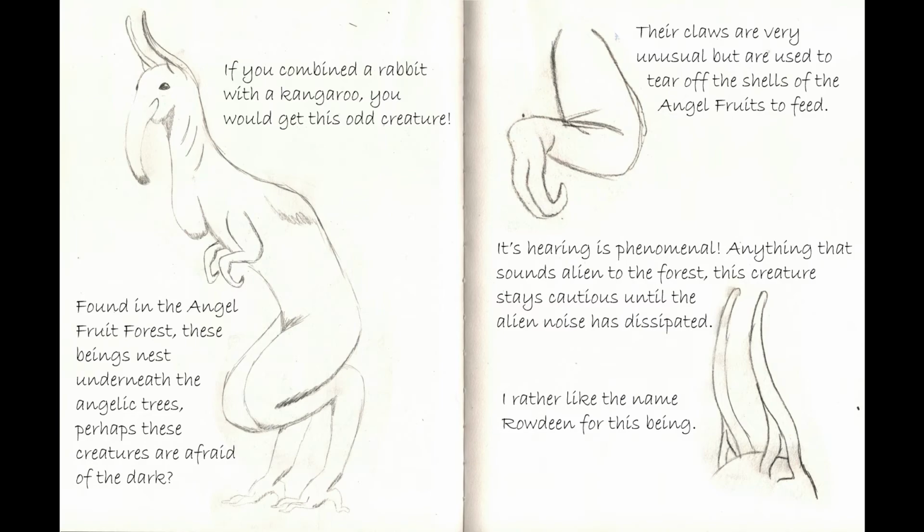It talks a bit about its hearing, how if it hears anything alien to the angel fruit forest, it's very aware, and its nose acts a bit like an elephant's trunk, so it can reach up and get the angel fruits. It also nests underneath the angelic trees.